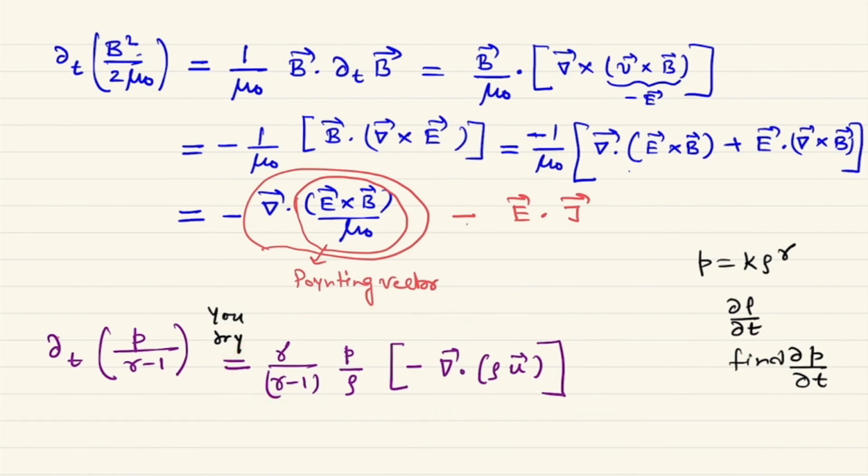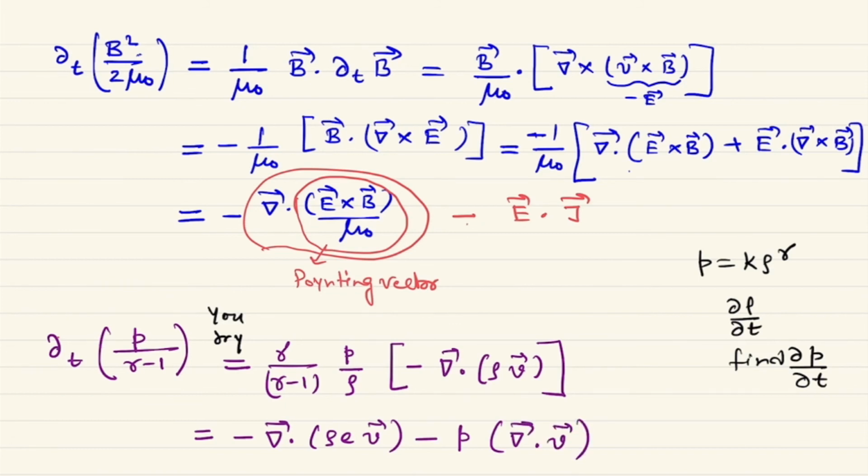And if you further decompose all these things, you will see that this equation will simply be equal to minus divergence of ρev, and once again it should be v, yeah, ρev minus p times divergence of v.